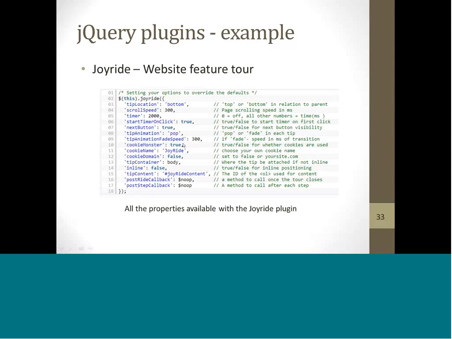If you so choose, you can let the user see this the first time. It then stores a cookie on their computer, and they won't see it again next time they come here. There's even a callback option so that when they get to the final close, you could put something on the screen that says, for more information, please call the help desk, or whatever it is. But all of this comes out of the box, and you get to use it for free.